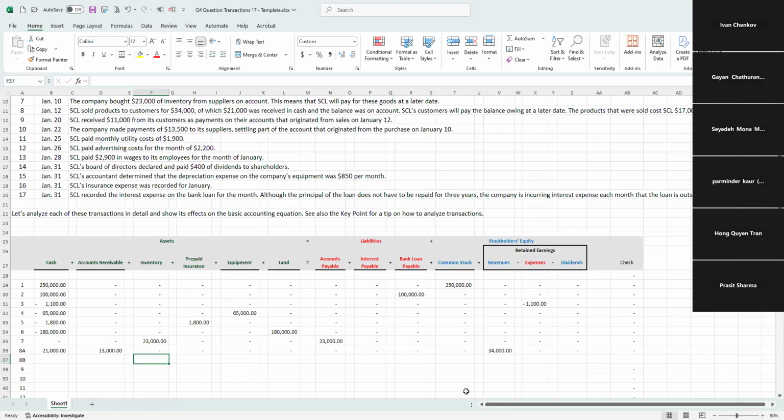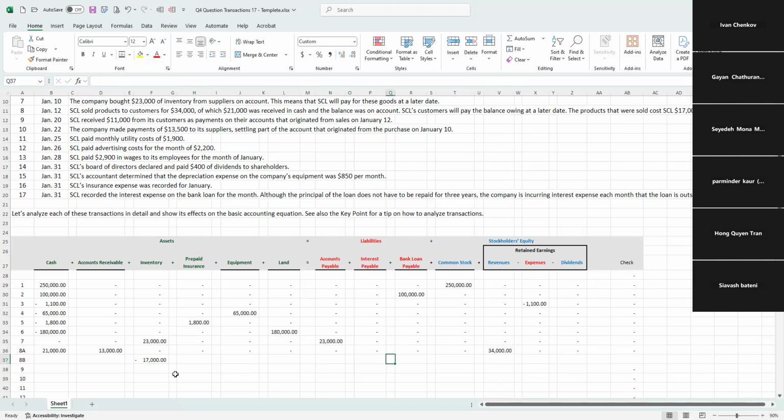So what do I have to do? I have to decrease my inventory. With how much? Is it going to be 34? No, 17,000, because that's how much it cost me. So my inventory is going to go down by 17,000.